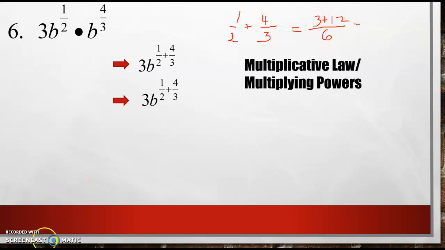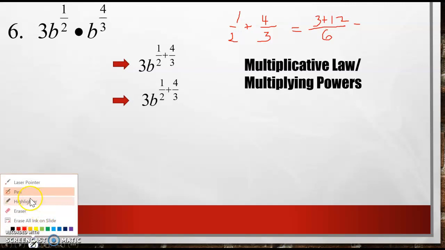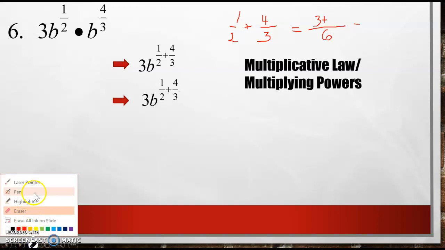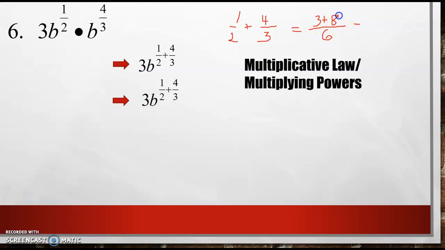So this is 8. Then 3 plus 8 is 11. So 11 over 6.